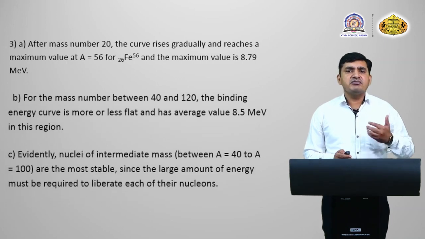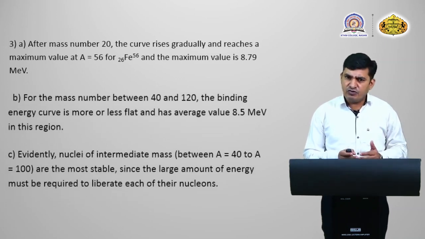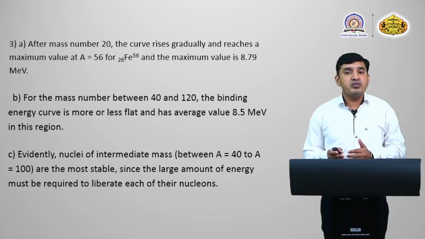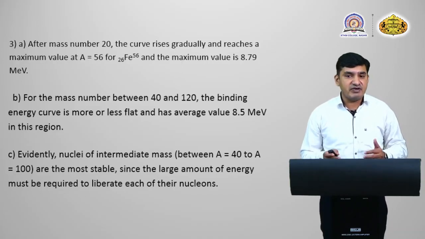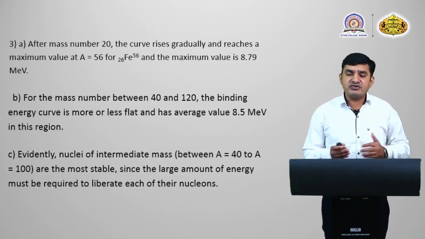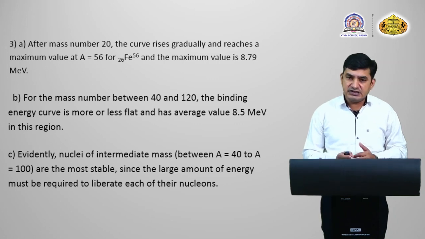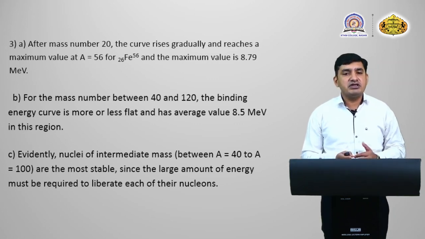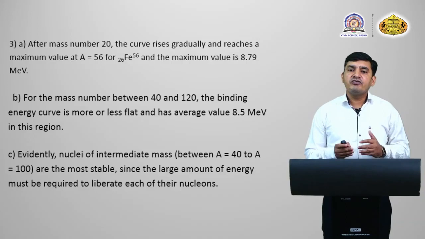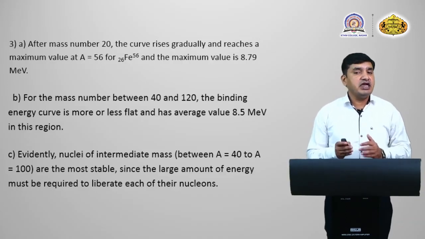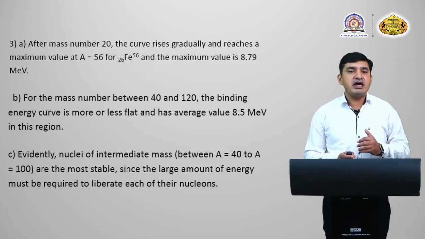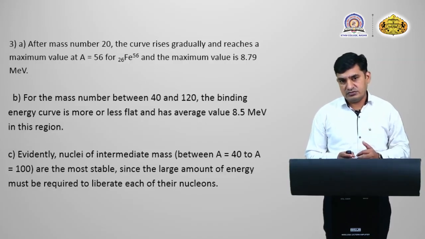For the mass number between 40 to 120, the binding energy curve is more or less flat, and the average value of binding energy per nucleon between mass number 40 to 120 is 8.5 mega electron volt.